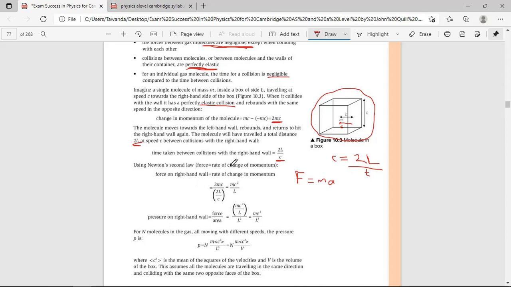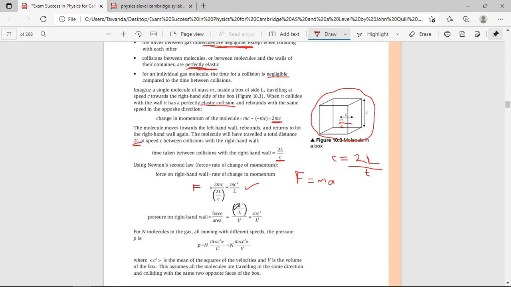Force is equal to the rate of change of momentum, and that force here is what we call F. So the force is the change in momentum over time taken, like we've made t the subject. This one is our time taken, 2l over c. Then if you simplify this, the force is going to be mc squared over L.